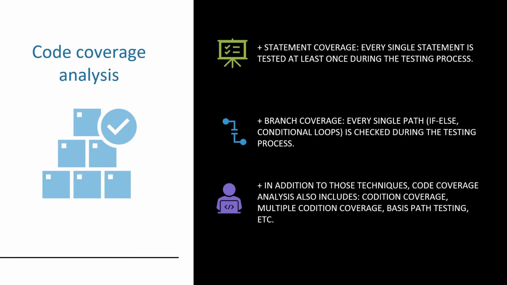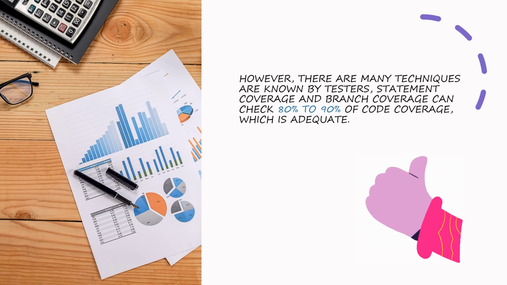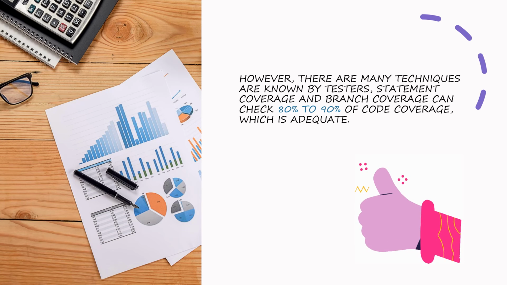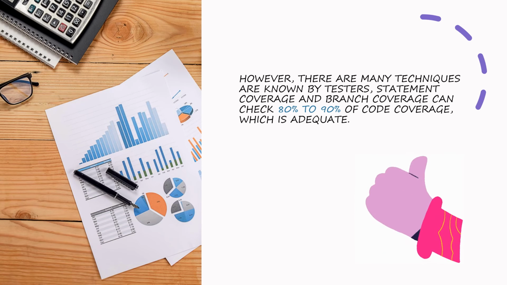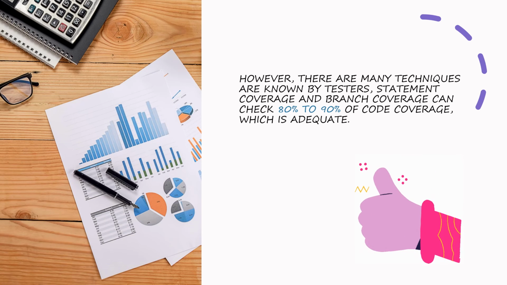Every single path, if else, conditional loops is checked during the testing process. In addition to those techniques, code coverage analysis also includes condition coverage, multiple condition coverage, basis path testing, etc. However, there are many techniques that are known by testers. Statement coverage and branch coverage can check 80 to 90% of code coverage, which is adequate.